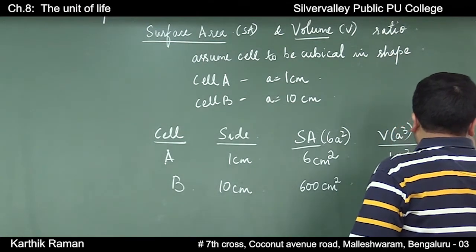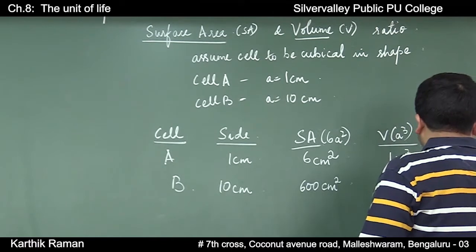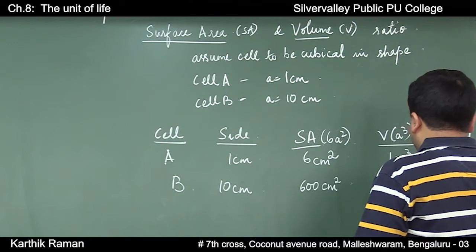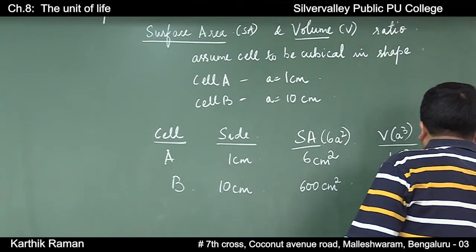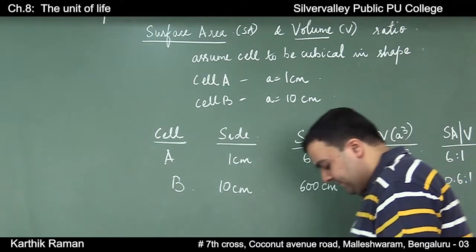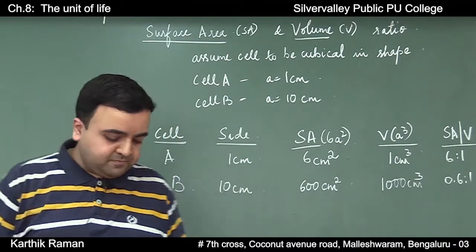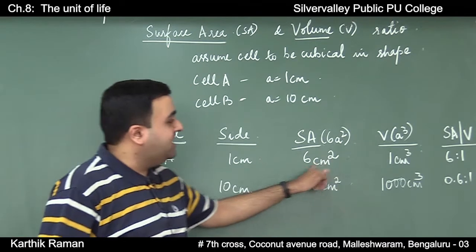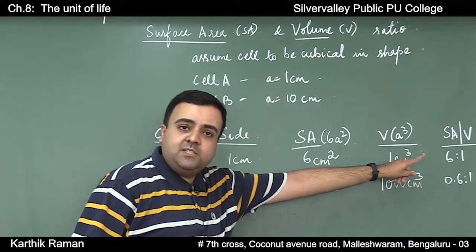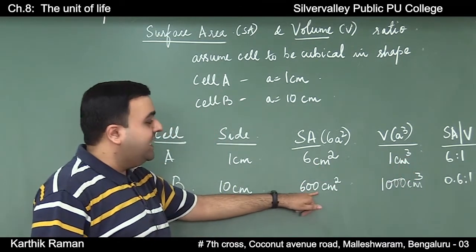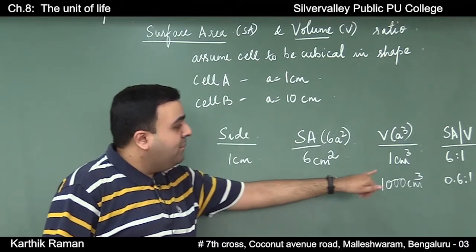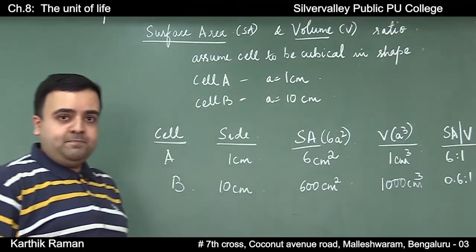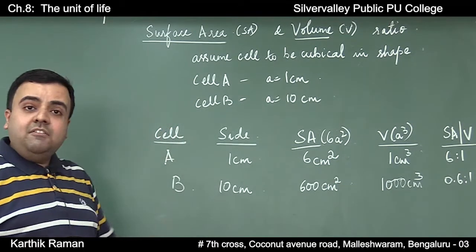When I perform surface area to volume ratio, I am going to get 6:1, and here I am going to get 0.6:1. So for cell A, it is just 6 divided by 1, which is 6:1, and here it is 600 divided by 1000, that is 0.6:1. So with this, where have we arrived?